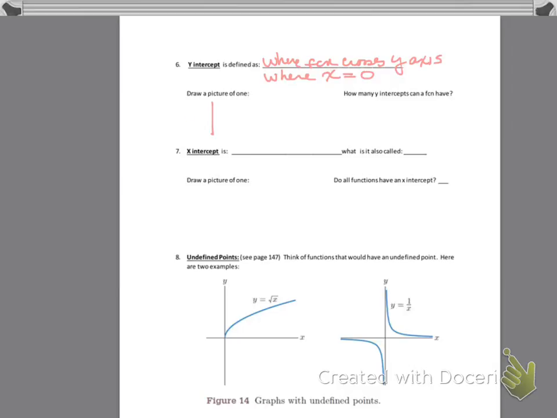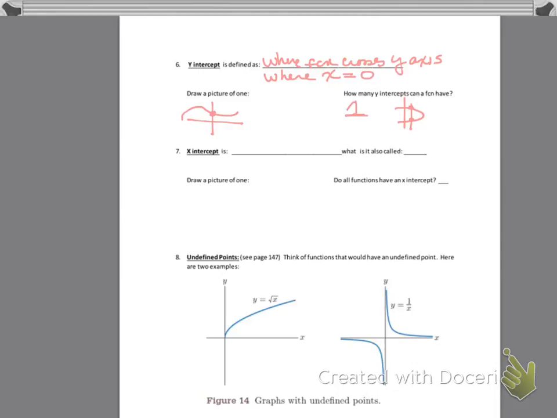So draw a picture of it. Okay, right here, that's going to be a y-intercept. How many y-intercepts can a function have? And the answer is 1. If your function looks like this and has 2 y-intercepts, it is not a function because it violates the vertical line test.